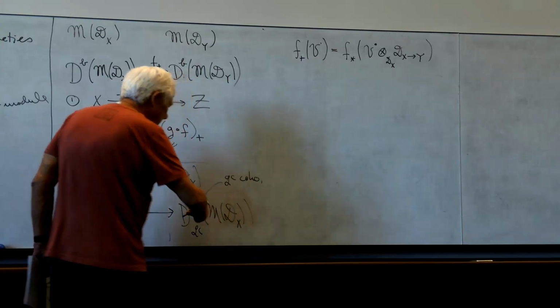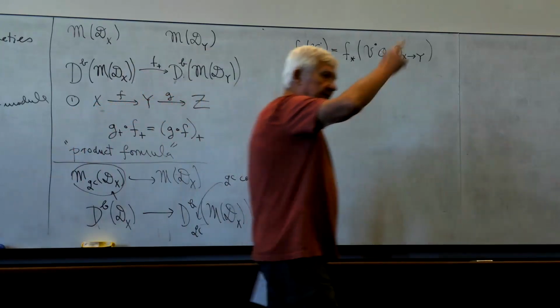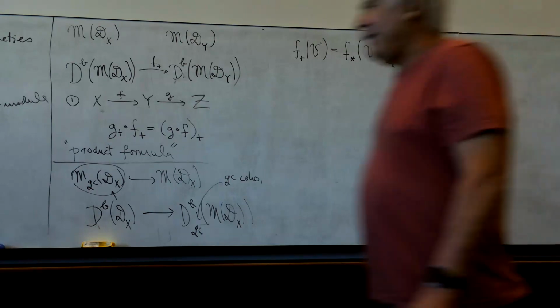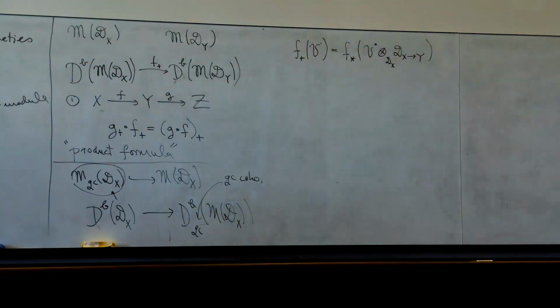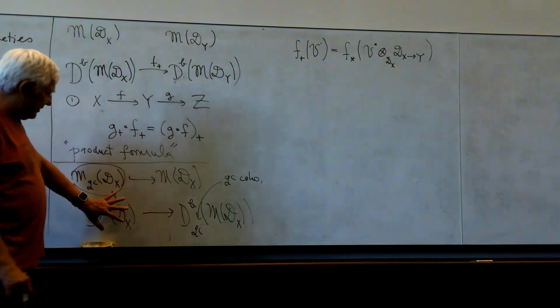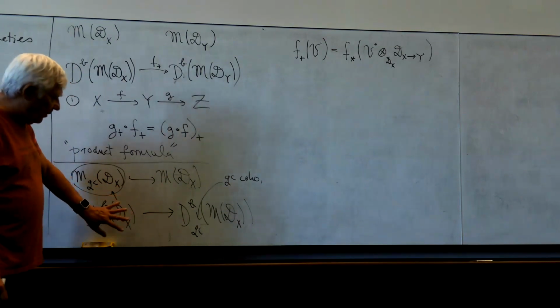So these are complexes of arbitrary D_X modules with quasi-coherent homology here. And there is an obvious subcategory there: coherent complexes with coherent homologies.